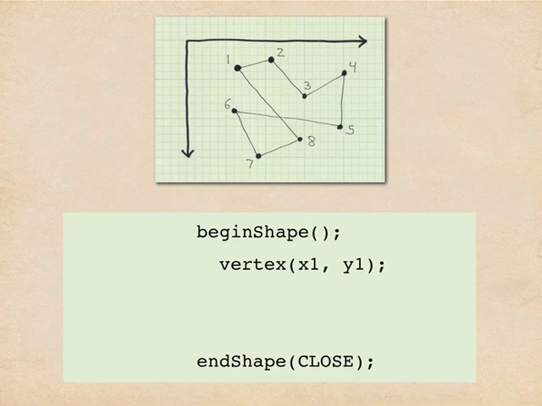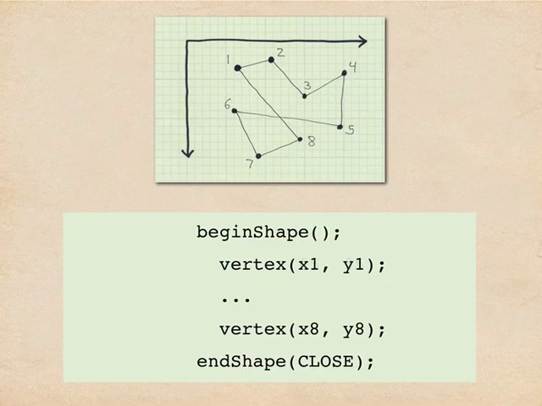And then we give another call to vertex with the x and y values of the second point, and the third point, and the fourth point, and we just list as many points as we want until we get to the 8th point. And then we call endShape. And so I'll just put 3 dots in there to indicate we have calls to vertex 6 more times. And you can have as many calls to vertex as you like, each one creating 1 point.